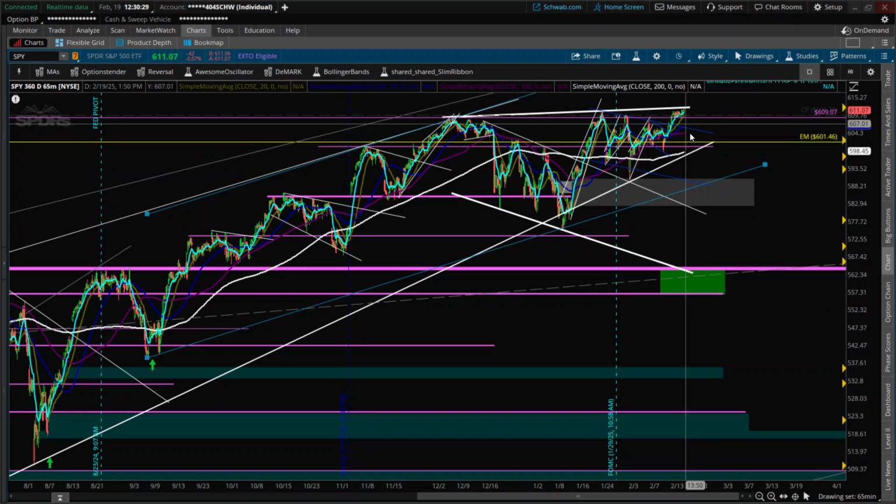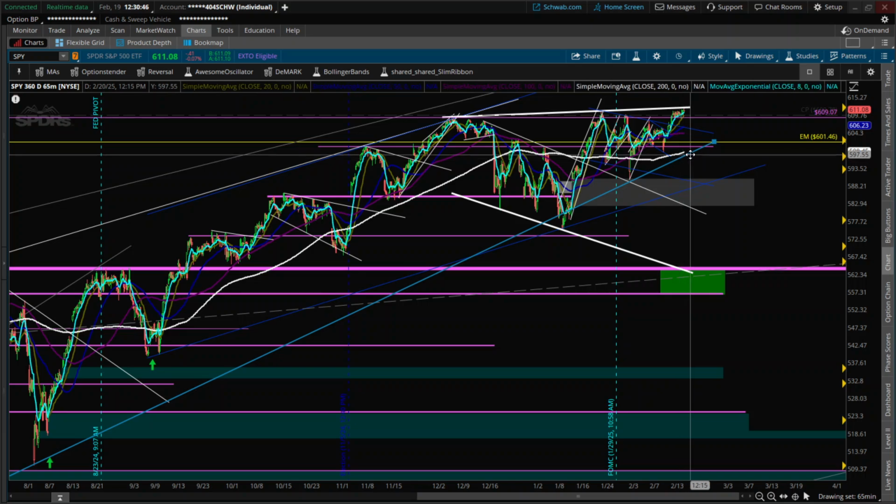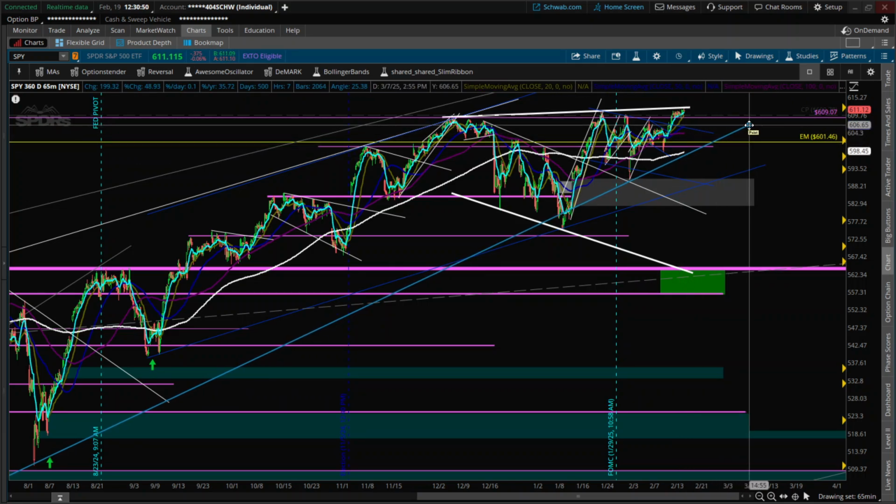So I suspect if any move happens, we're going to break this options expected move, but I could see price really just ripping to the downside and ripping back up by the end of the week here and ending at 601. And all that would do was backtest this major trend line that we're keeping our eye on.